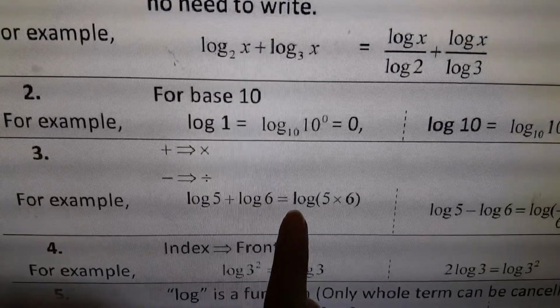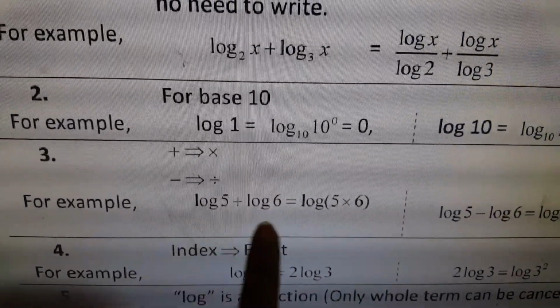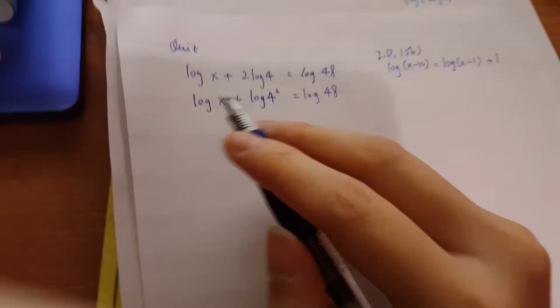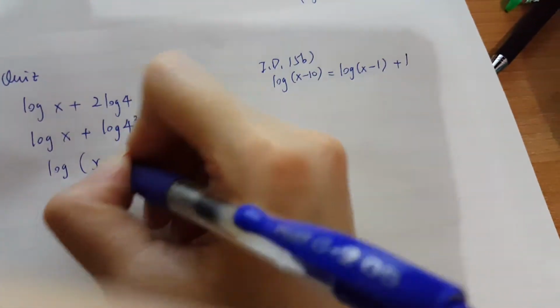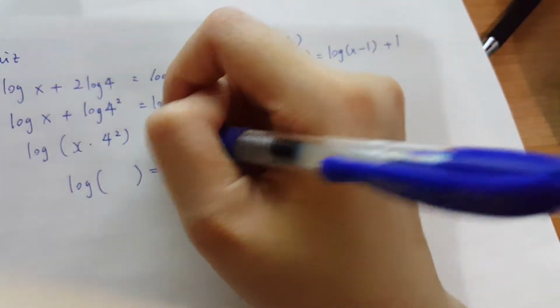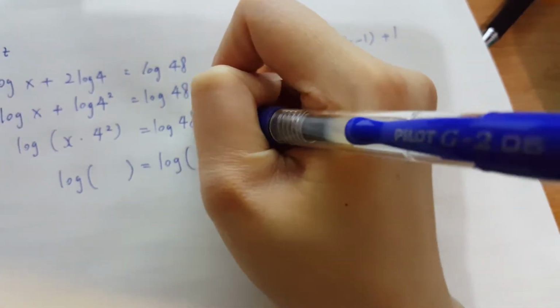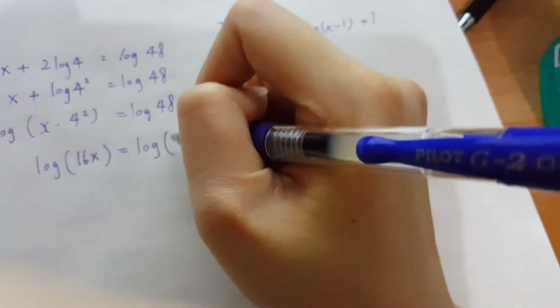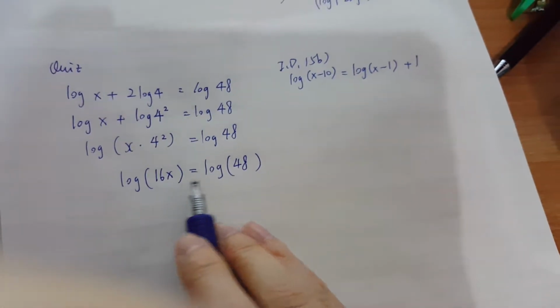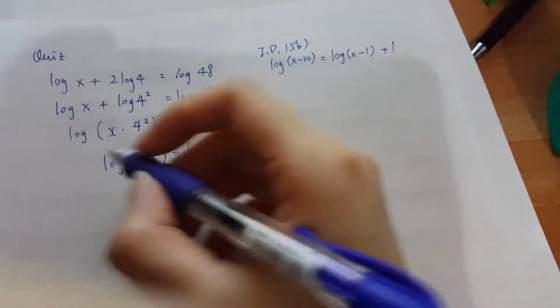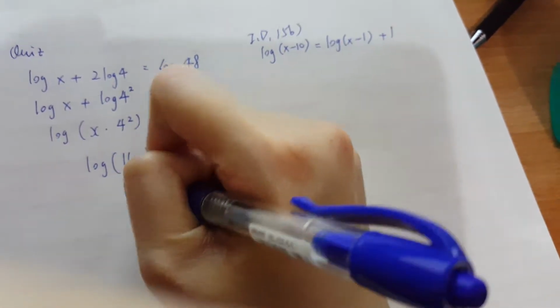Okay? So now you can use the summary root 3. So here, you can change it to log x times 4 squared equals to log 48. So that means 16x equals 48. So now it is log something equals log something. So you can remove the log.